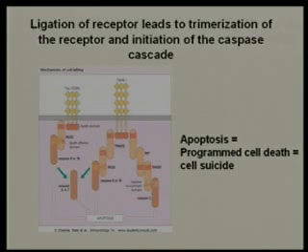But how does this FAS ligand? Typically, FAS ligand is expressed by activated lymphocytes, like cytotoxic T cells. So it is expressed on the surface. So when this cell comes into contact, it recognizes MHC class 1 in association with the right peptide. That will typically activate this T cell, upregulate FAS ligand, and that will then lead to the killing.